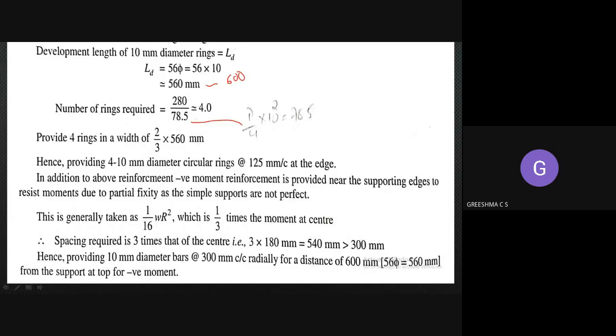You can provide four numbers of 10 diameter circular rings at 125 center to center from the edges.